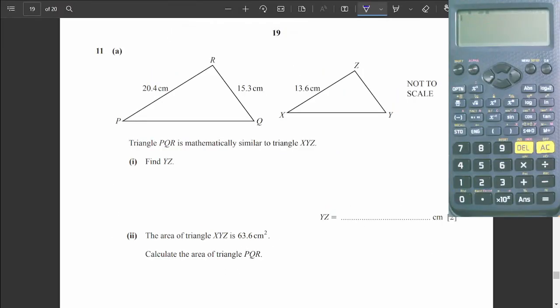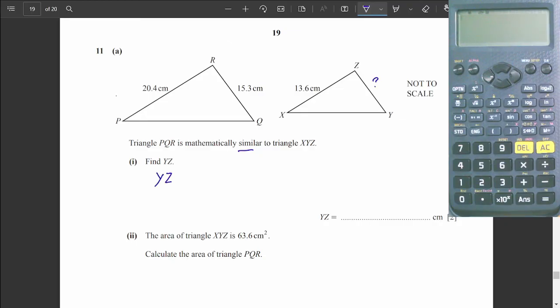Question 11. Here we go. We've got two similar triangles, so it means we're talking about a ratio here. The one is a scale factor of the other one. They want us to find YZ first. So let's write that down.